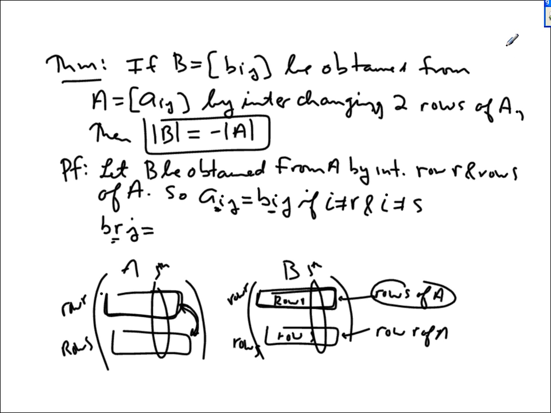So BRJ, which is right there, that's an entry of matrix A in column J. It didn't change column, but is now in row S. This entry went there to get to matrix B. This is row S. And when it comes to the BSJ entry, this entry right here, it came from here, of A. It came from row R, Jth column.